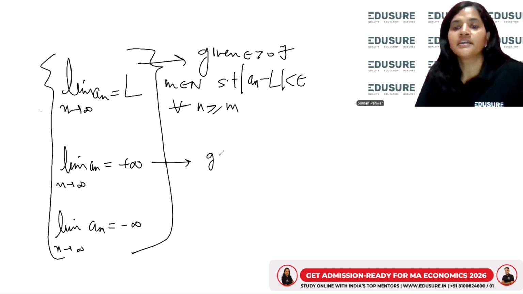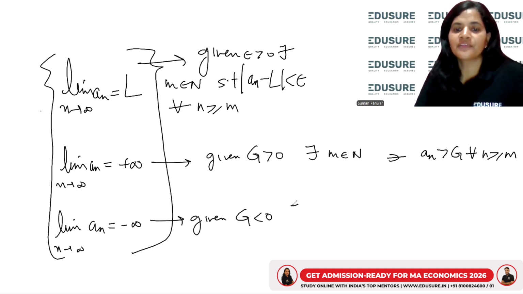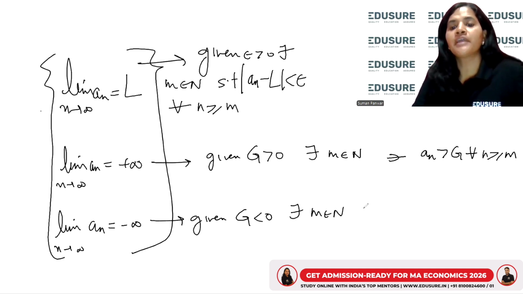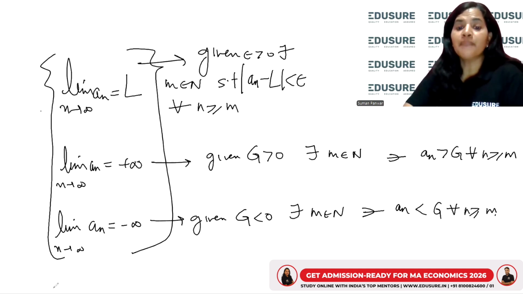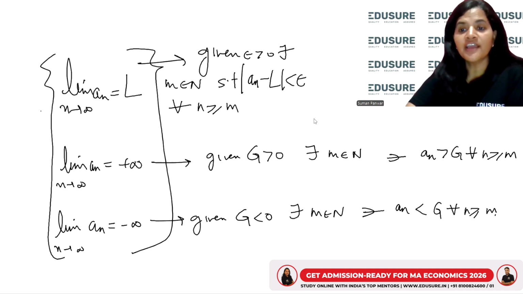Here, given g positive, there exists m belonging to n such that an is greater than g for all n greater than or equal to m. And here, given g negative, there exists a natural number m such that an is less than g for all n greater than or equal to m. So this is the mathematical epsilon definition of a convergent sequence, of a sequence diverging to plus infinity, and of a sequence diverging to minus infinity.